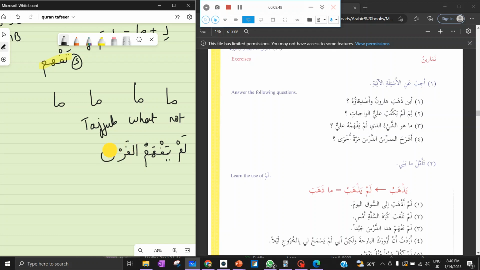What farqa means? Baina. The difference. Al-farqa baina, between jumla ismiya and jumla feliya.